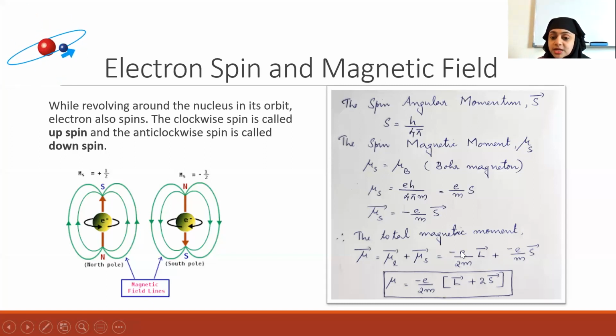So when I take minus e by 2m outside, I will get mu is equal to minus e by 2m into L plus 2S. So what is the total magnetic moment? Mu is equal to minus e by 2m, where L and S you have.